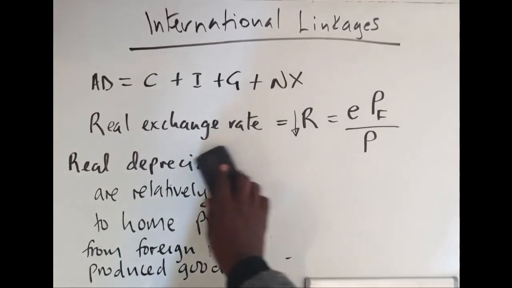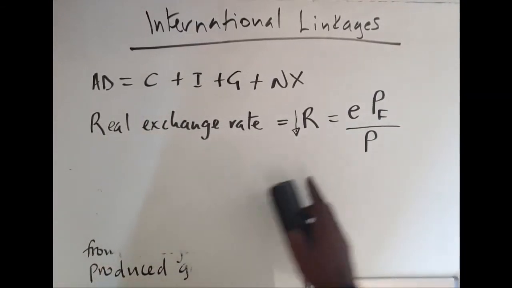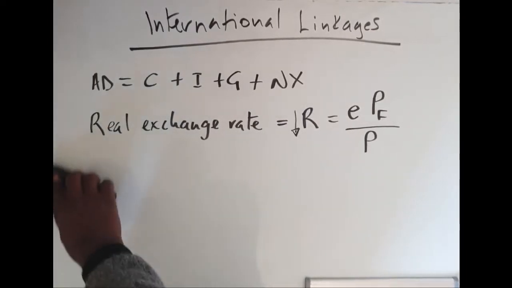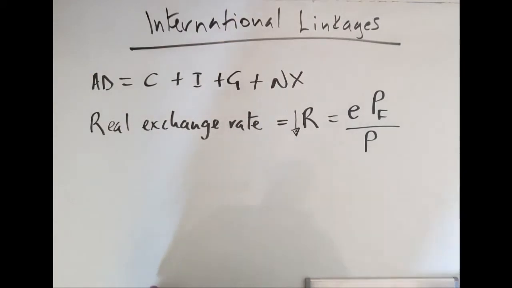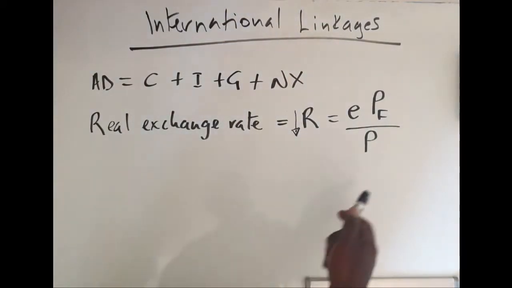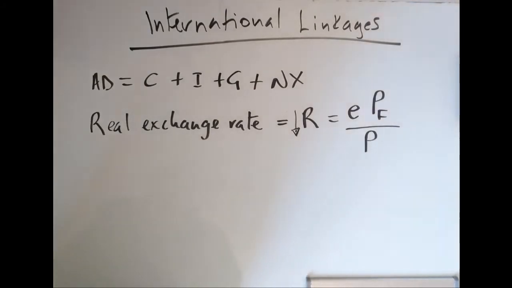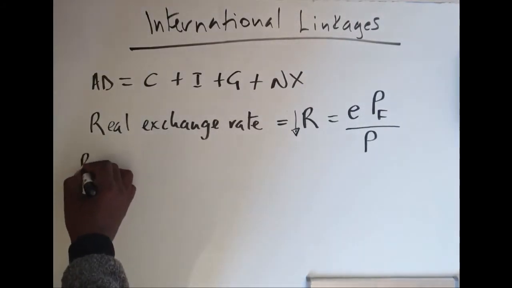So if R decreases, it means that the domestic price is rising, so home produced goods are becoming more expensive relative to foreign produced goods. That is termed a real appreciation.